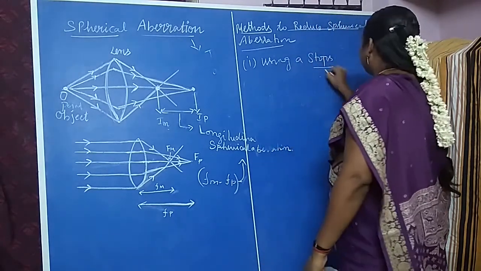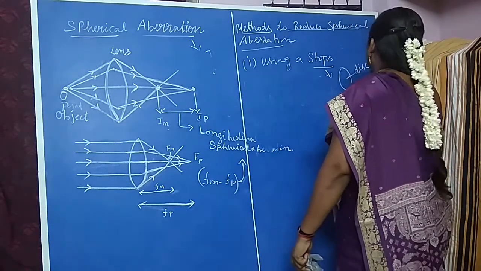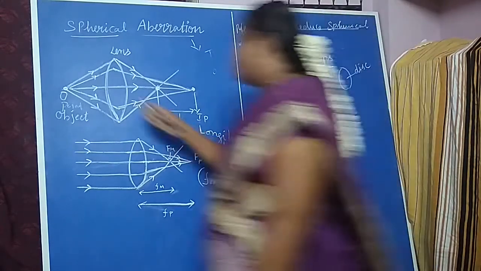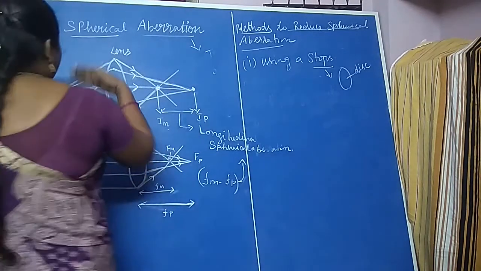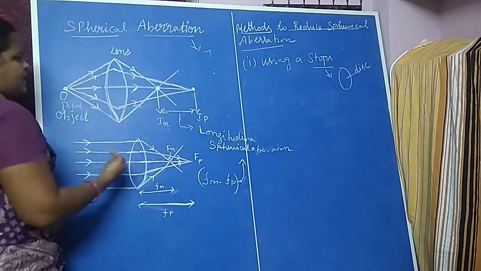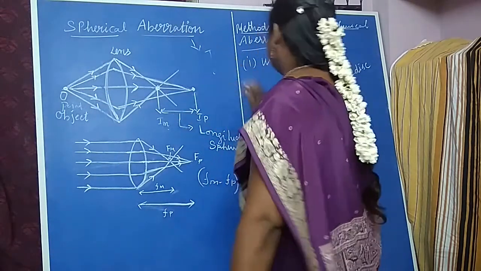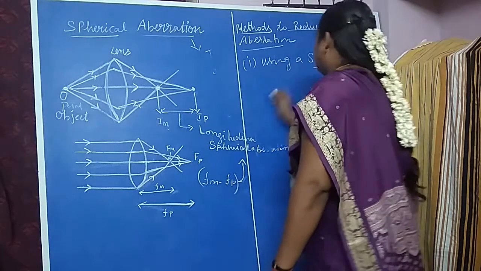A stop is nothing but a circular disc. These circular discs are used before the lens to cut the marginal rays or the paraxial rays. Either rays we can cut to reduce the spherical aberration.